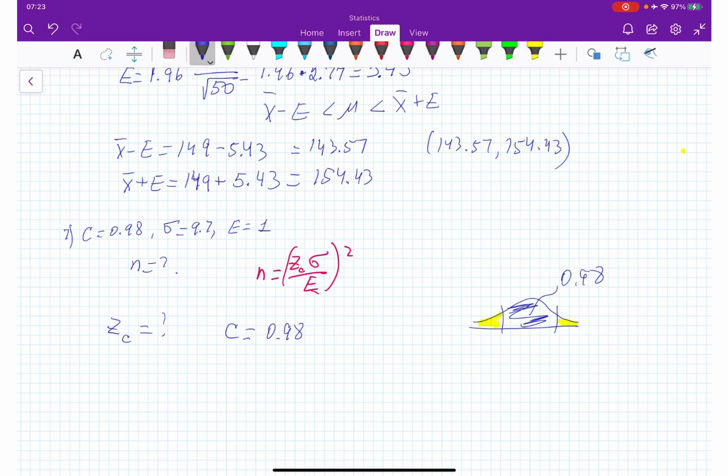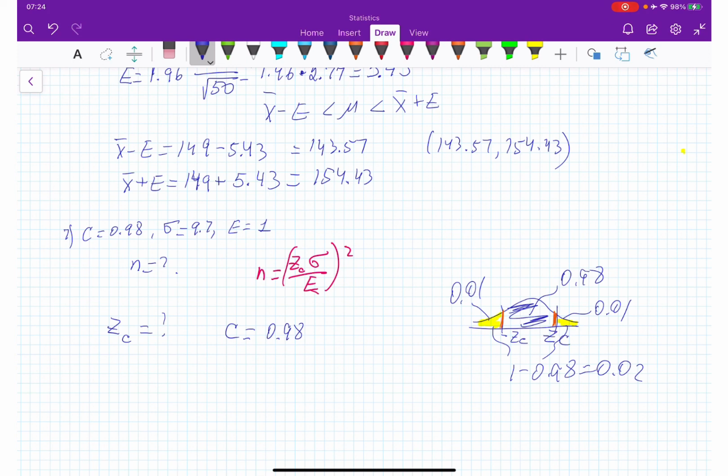Together will be left 1 minus 0.98, which is 0.02, which means each one will be divided by 2, 0.01. Since the areas are the same, these Z criticals are going to be the same by absolute value. Here will be negative Z critical, here will be positive Z critical.